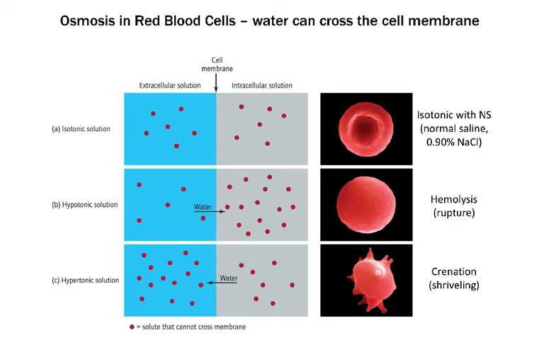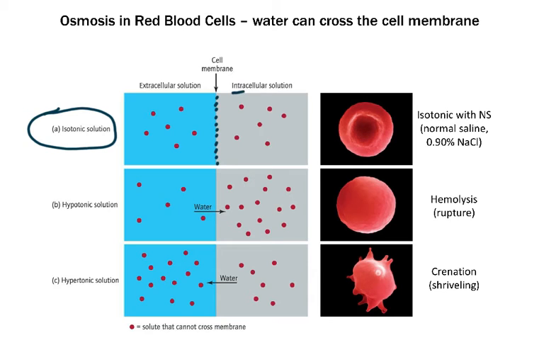Here's an interesting example of osmosis. This one's pretty cool. In red blood cells, water can cross this membrane and can lead to potentially big problems if the concentrations get too far off. In A, we have isotonic solutions. Here's the cell membrane.